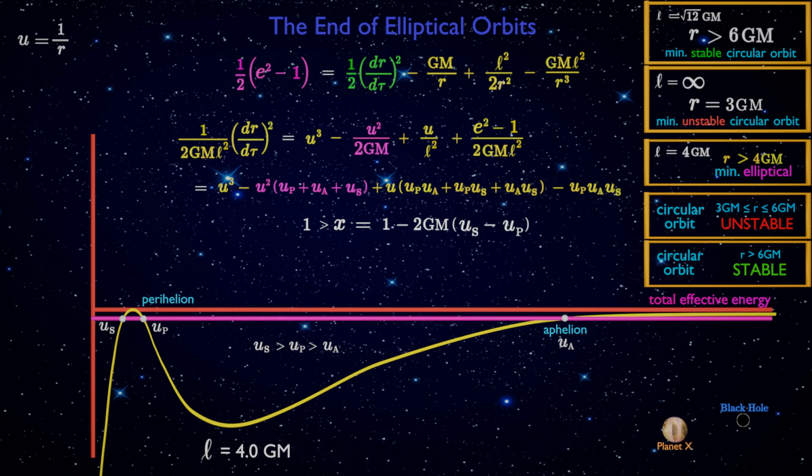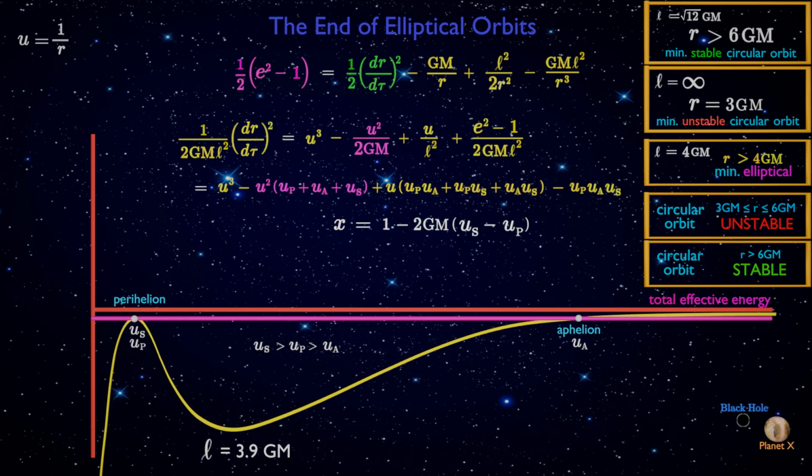We arrive at a final result which tells us that x is always less than 1 for any elliptical orbit, because uS, the third turning point that is not part of the ellipse, is always greater than uP, remembering that u is 1 over r. We only run into trouble if uS equals uP, but in that case the orbit is not elliptical at all. Instead, the planet is captured in an unstable circular orbit at uP.